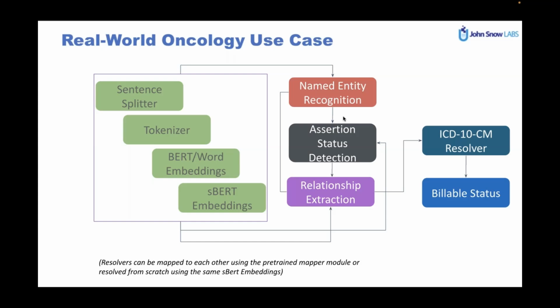And then we will send them to the assertion model to check their negation status. After that, we will check the relationships between the oncological entities and the body part entities, then send the output to the entity resolver model. It will also return the billable information at the same time.